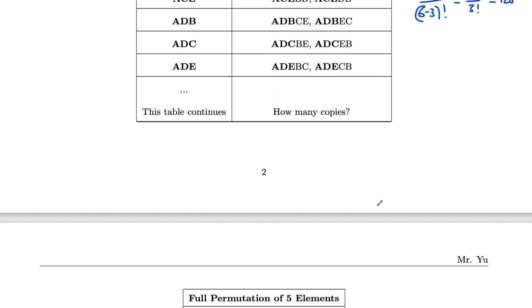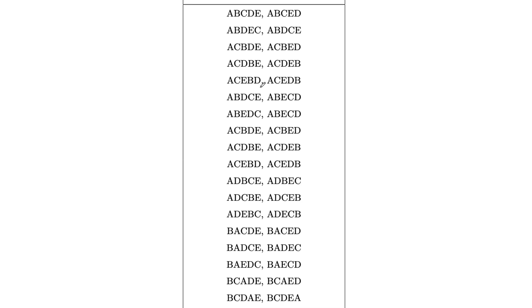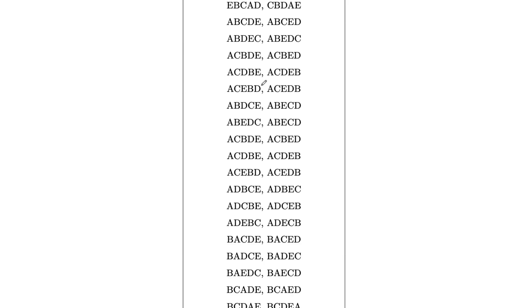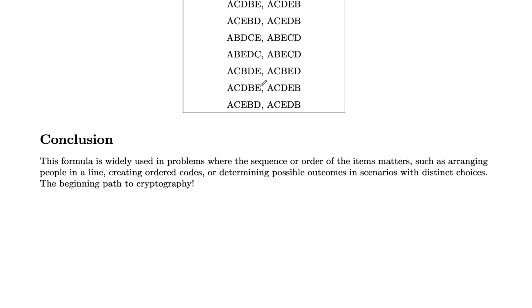If I can show you the full table here. Here's the full table of all 120 permutations, and you can see that you have ABC and ABC again, ABD and ABD again. It is a double duplicate of the first three letters every single time, all the way through the 120 different permutations.